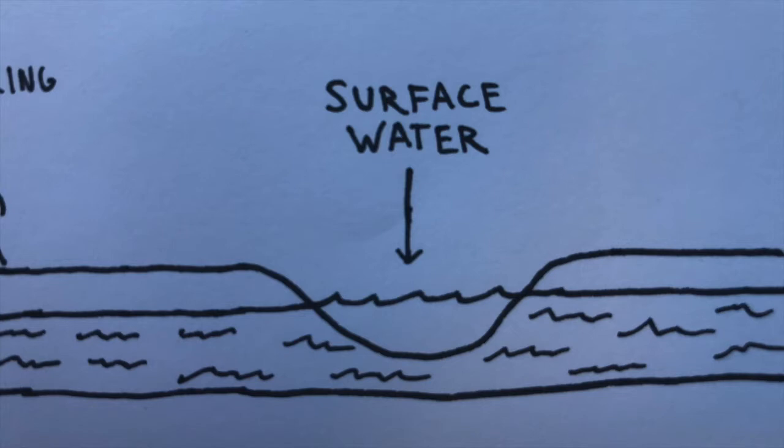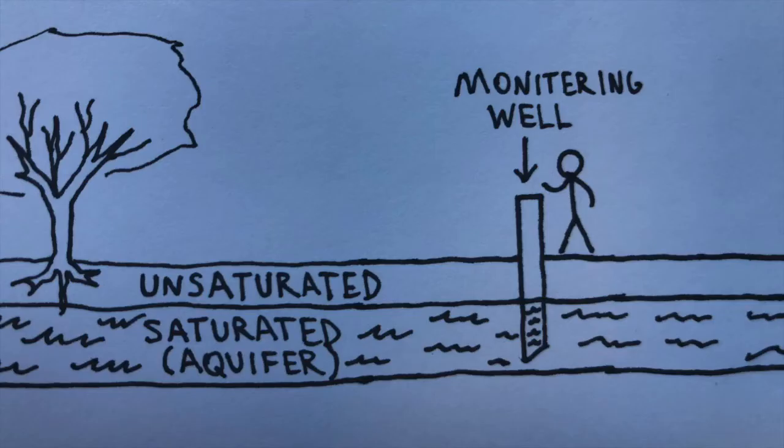It's because there is a depression in the land, and it's deep enough that groundwater is able to rush in because it falls beneath the water table. Remember, water tables are always changing. If it rains, the water table rises, and if it doesn't rain for a while, the water table falls. This is why, if you're studying an aquifer, you need a monitoring well to know where the water table is falling at any given point.